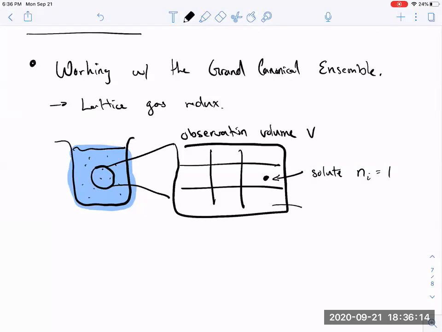If, however, that cell is empty of a solute, we'll associate with that cell a little n of 0. And let's imagine that we have M number of cells.